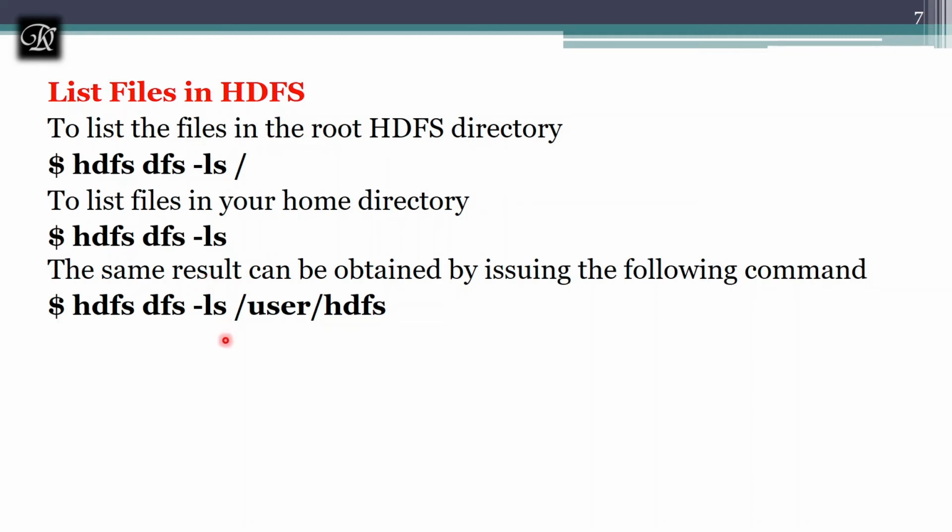Or else you can specify it this way: this is the implicit path, this is the explicit path, where you tell exactly from where you want. Both are the same. If you specify /user/hdfs, it is also the same, or if you specify hdfs dfs -ls, it is also going to give you the same thing.